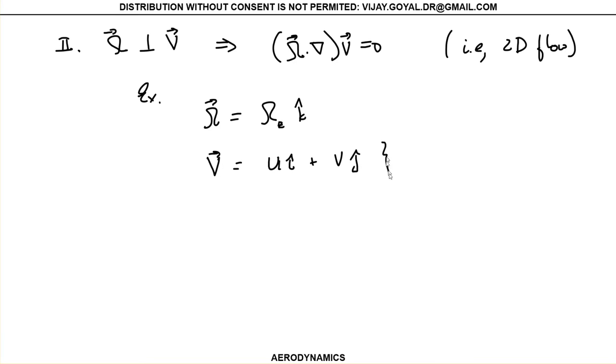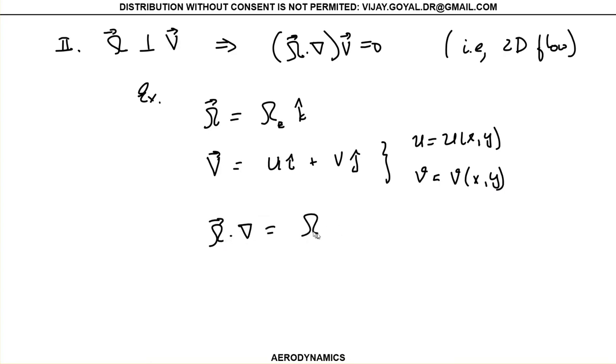Okay, this comes from the fact that since I'm working in two dimensions, u can be a function of x and y, and v can be a function of x and y as well. Okay, so if I take now the dot product of the gradient, I get partial with respect to z.